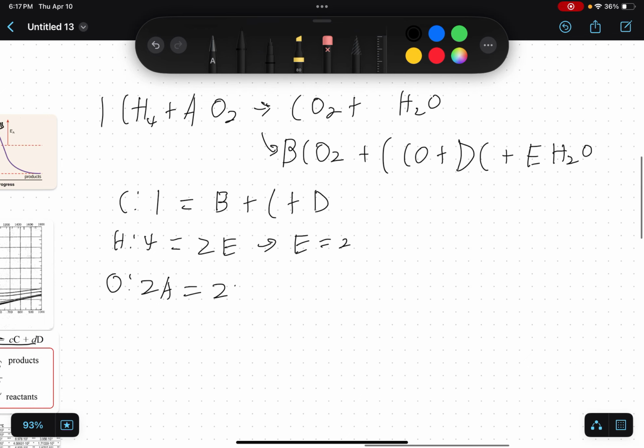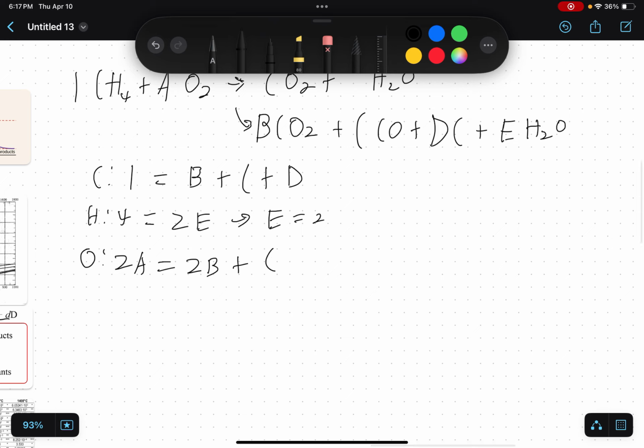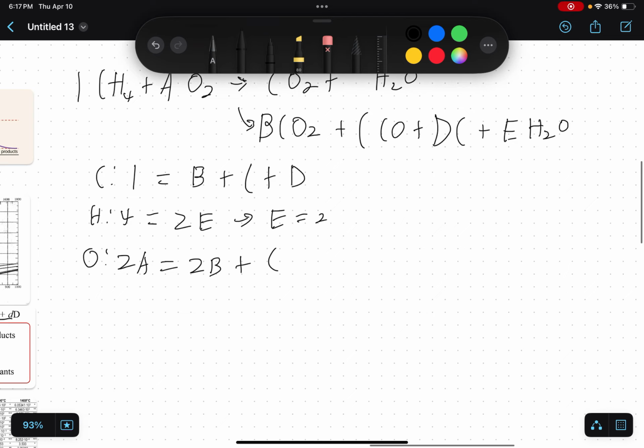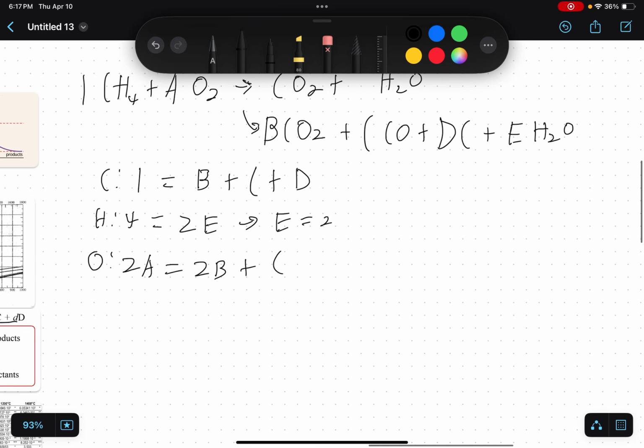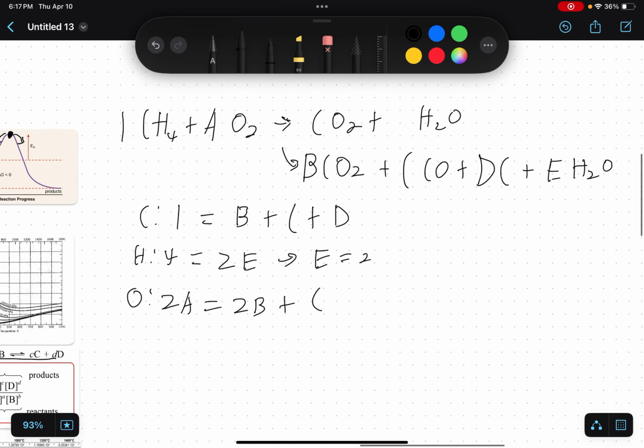On the right, we have 2B plus C. Cool. We have 3 unknowns. We solve for E, so E is not an unknown anymore. Actually, we have 4 unknowns, which kind of sucks. And only 2 equations, which really does suck.